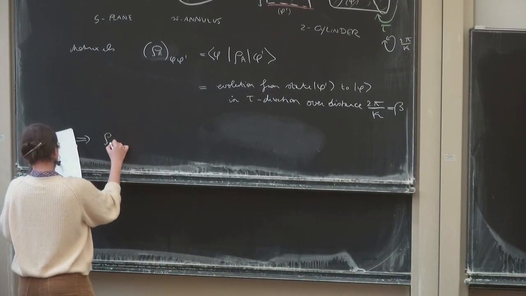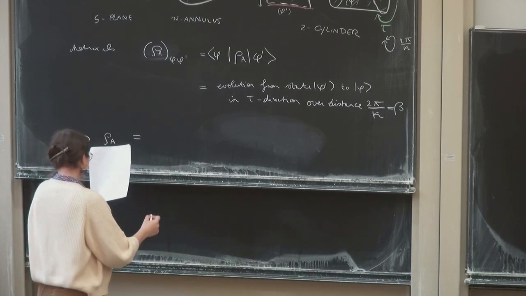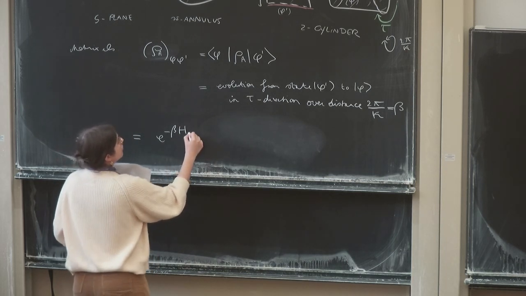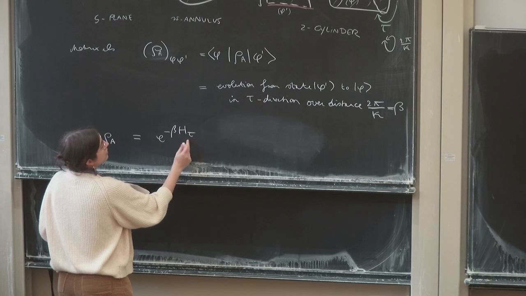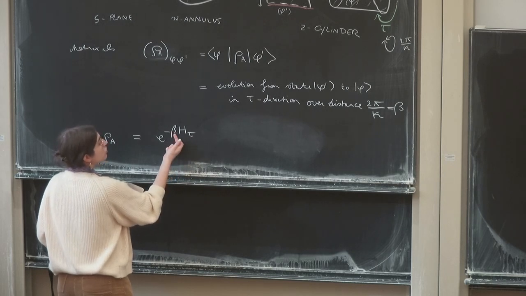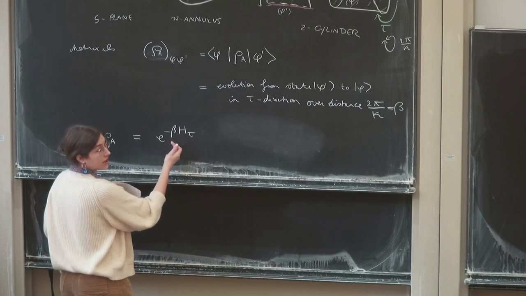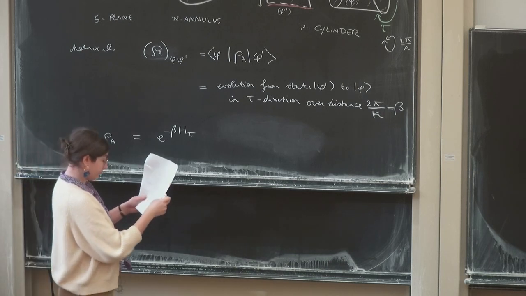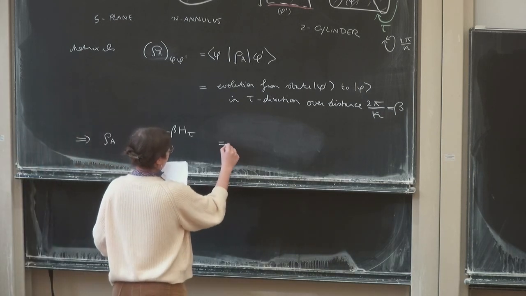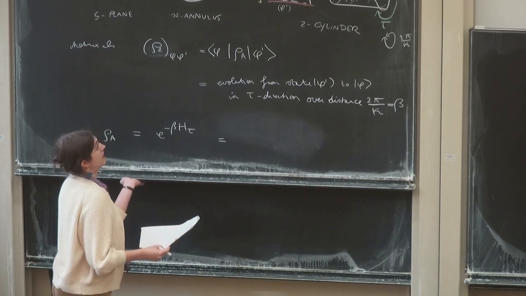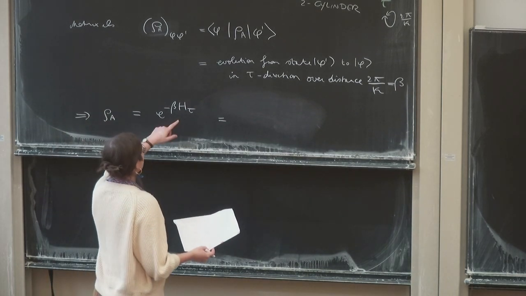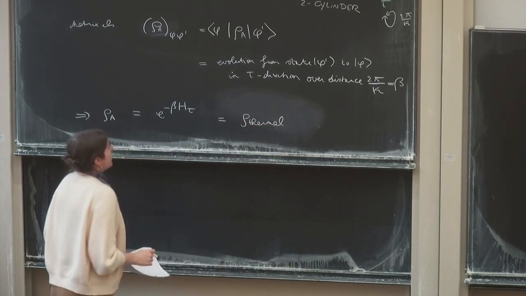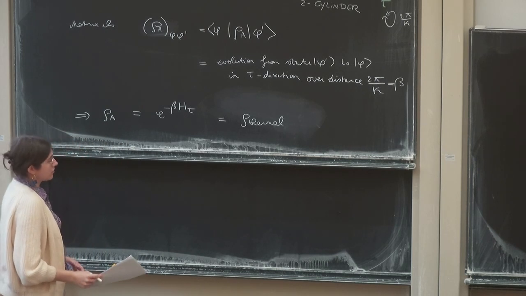What I find then is that my rho A in this last picture is equal to the evolution operator for evolution in the tau direction over a distance beta. So it's this operator, e to the minus beta H tau. And the point is that what we saw in the past lecture is that this is a thermal density matrix, of course.